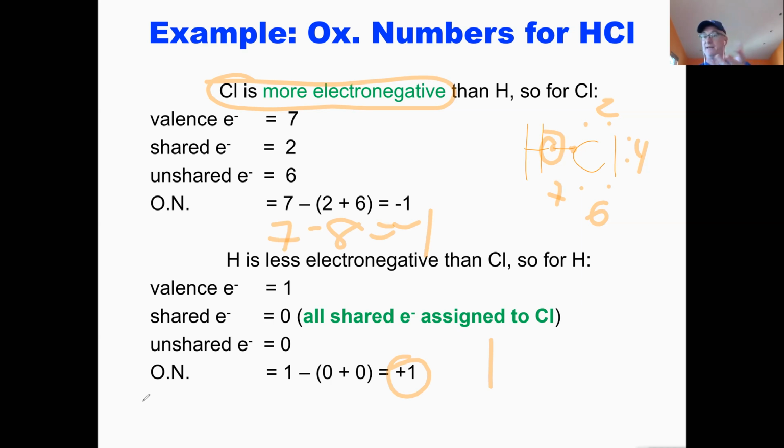And what you will see pretty much over and over again is that hydrogen is almost always +1. Oxygen is almost always -2. And the halogens, like fluorine and chlorine, are generally always -1. Oxygen needs 2 electrons to get to 8, and it's going to get them most of the time, so its oxidation number is going to be -2.